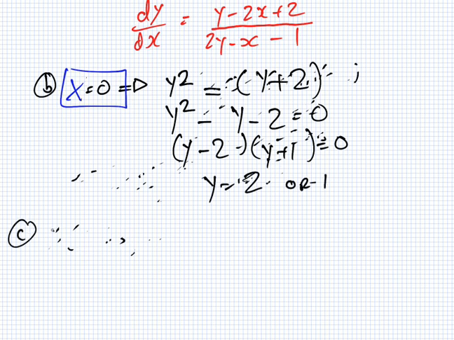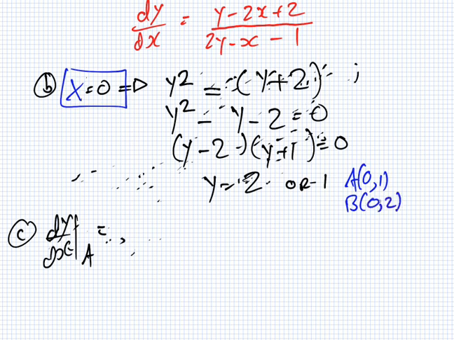Now part C. So the derivative at A, the 2 points that we put in here. The first one is (0, minus 1), we'll call that A, and we'll call B (0, 2). The x is the one that's 0, and the y is not.